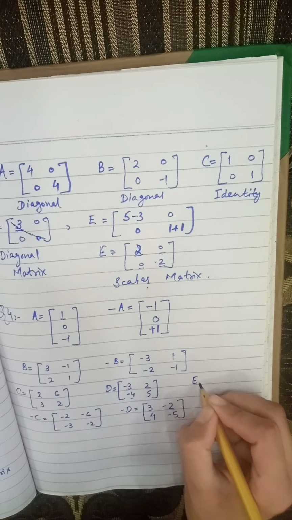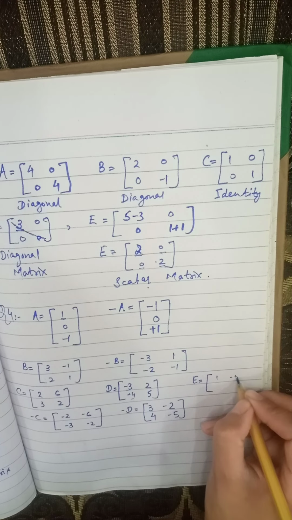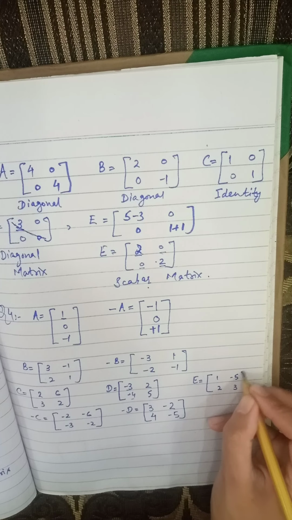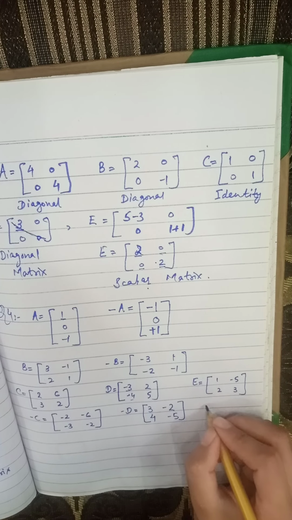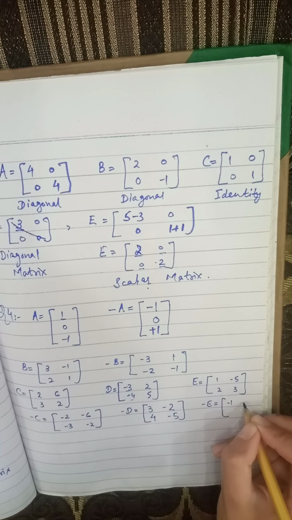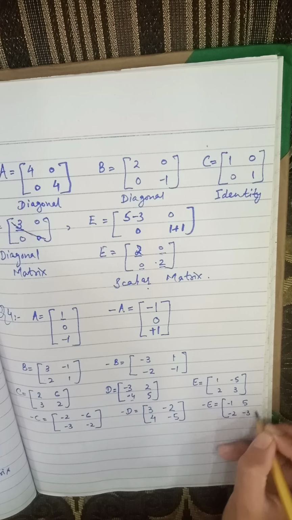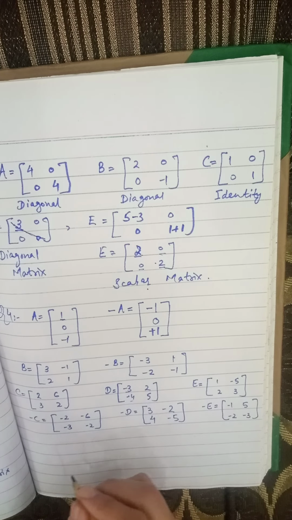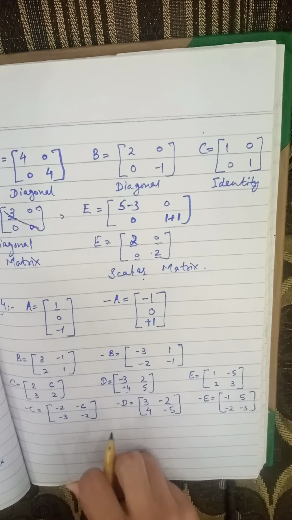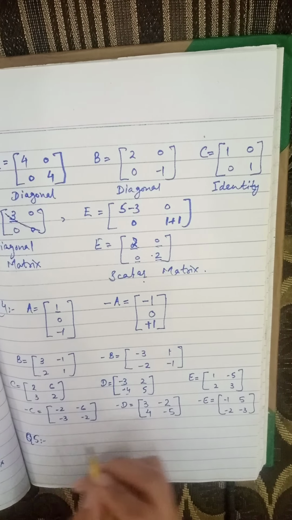The last one is E. 1, minus 5, 2 and 3. Minus 1, positive 5, minus 2, negative 3. All are done. Now we will move to question number 5.